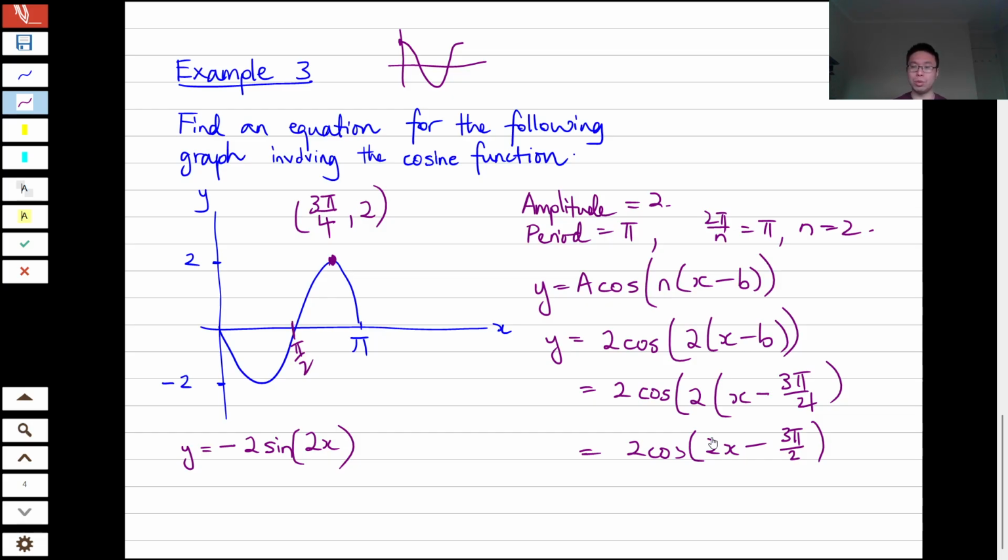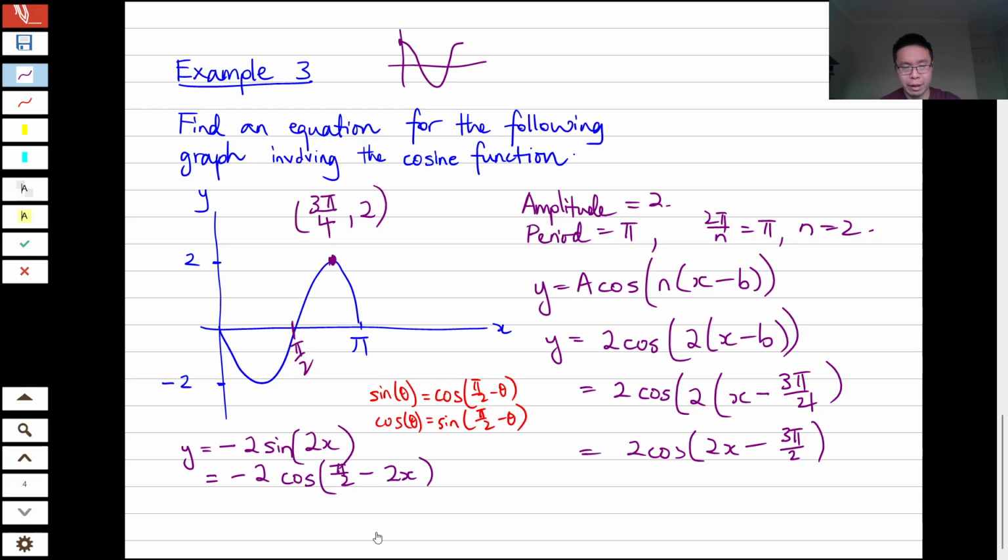Well, we know that sine of θ is the same as cosine of π on 2 minus θ, and cosine θ is sine of π on 2 minus θ. So let's see what happens. I can rewrite this as negative 2 cosine of π on 2 minus θ, which is 2x.